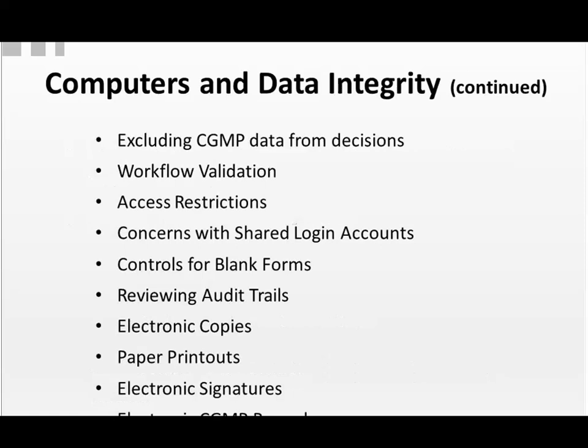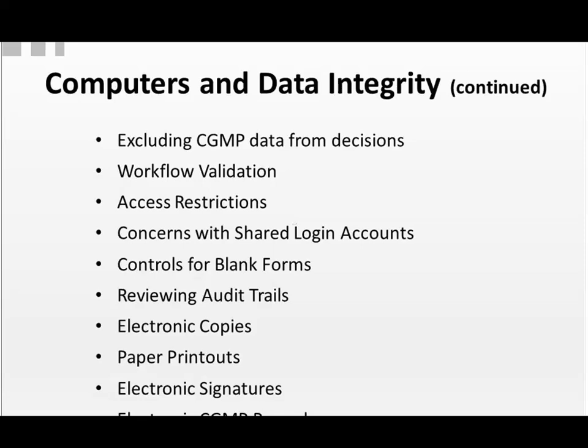And these are some of the areas as well that FDA will focus on during inspection. If you're excluding CGMP data from decisions, you wouldn't normally do that. If you're not validating your workflow, you're not restricting access to systems, sharing logins and accounts. You're not putting controls in place for blank forms.